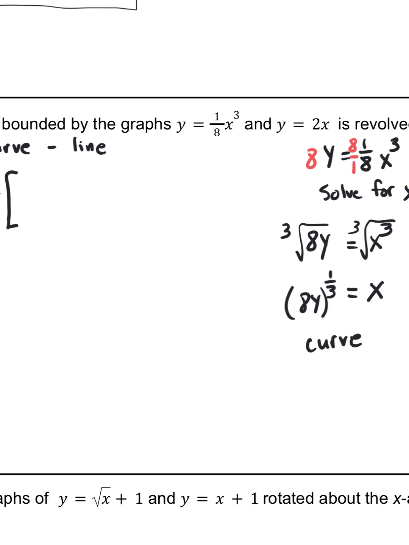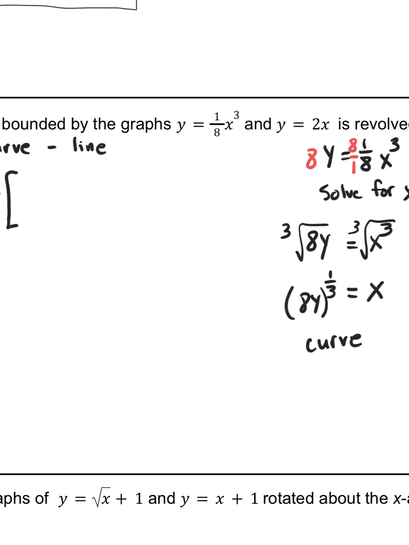Now let's take the line, y = 2x. In order to solve that for x, we simply divide it by 2. So x = 1/2 y, and that is our line. Now we're ready to plug them in over here for our integrand.